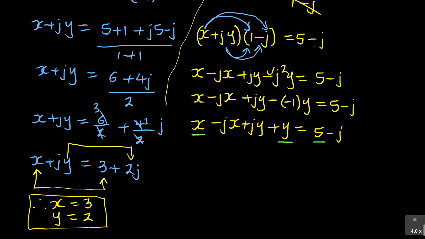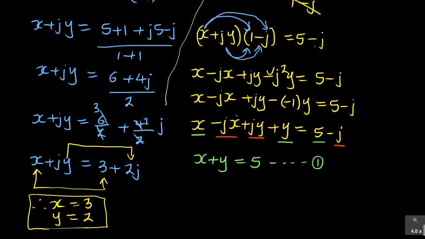These are the real parts. So what I have is x plus y is equal to 5. This is equation 1. So you're using the simultaneous equations here. Now the next one, we are comparing, in this case, the imaginary ones, which is j and j and j. So what we have is, we just drop out the j.